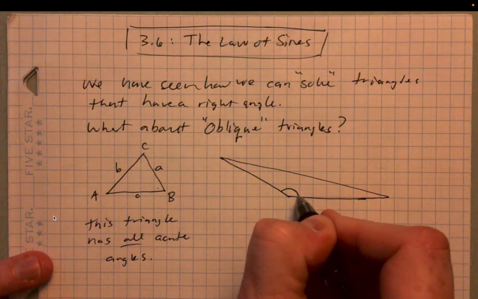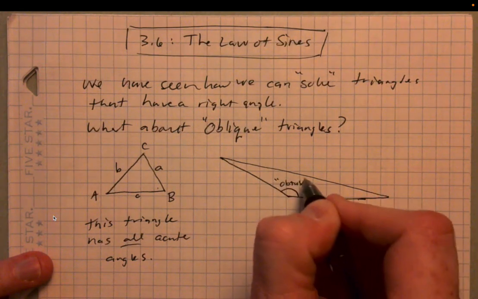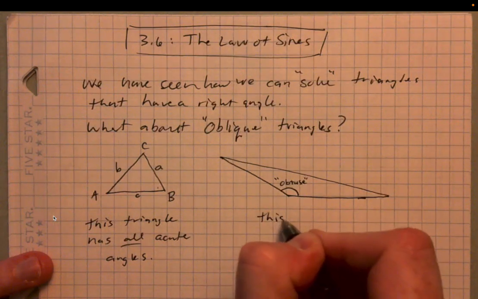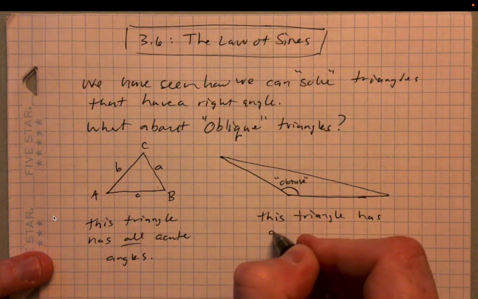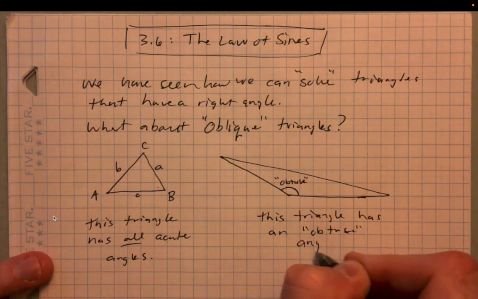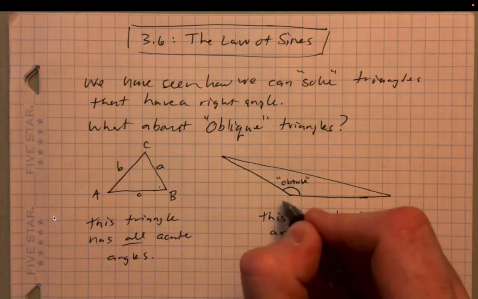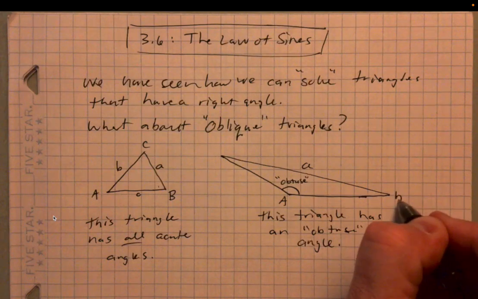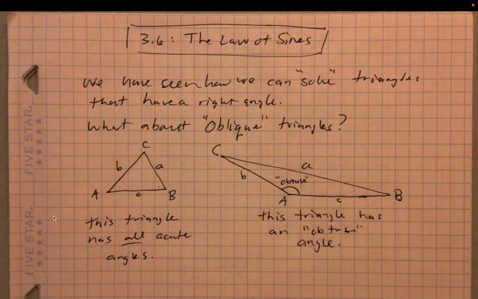So this angle in particular is an obtuse angle, and so this triangle has an obtuse angle. And these are the two varieties, right? So maybe you could label this A, B, little b, C, little c.